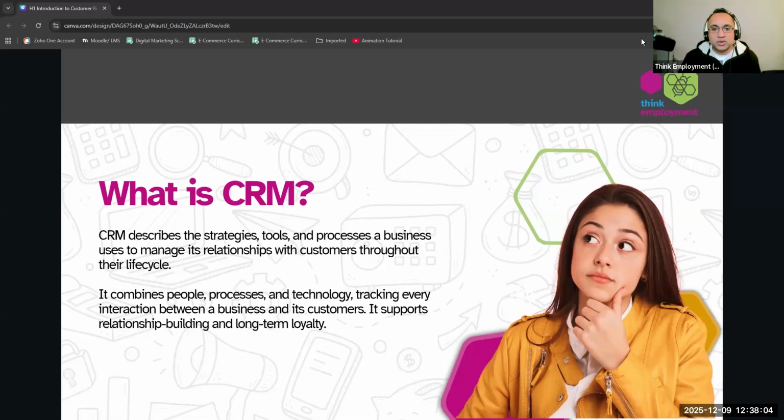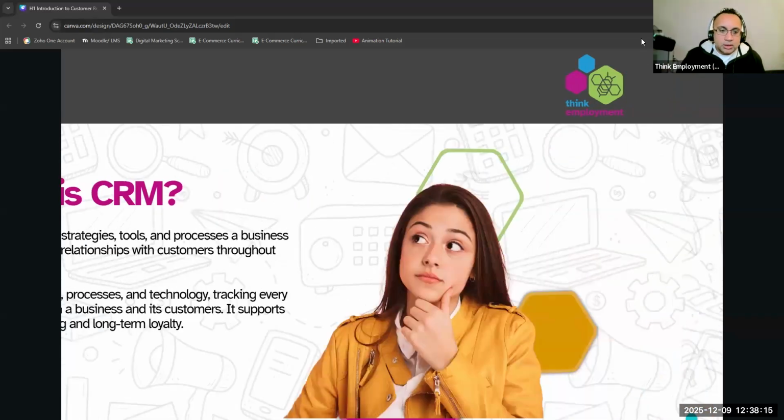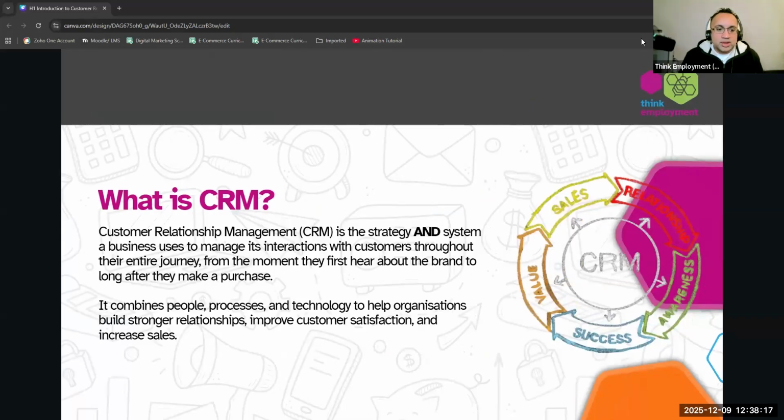So all that data we were talking about in the session earlier, where you're collecting digital information of customers, can also be in the CRM. It brings everything together. So it's basically customer relationship management software. And it's the strategy and system a business uses to manage its interactions with customers throughout their entire journey.